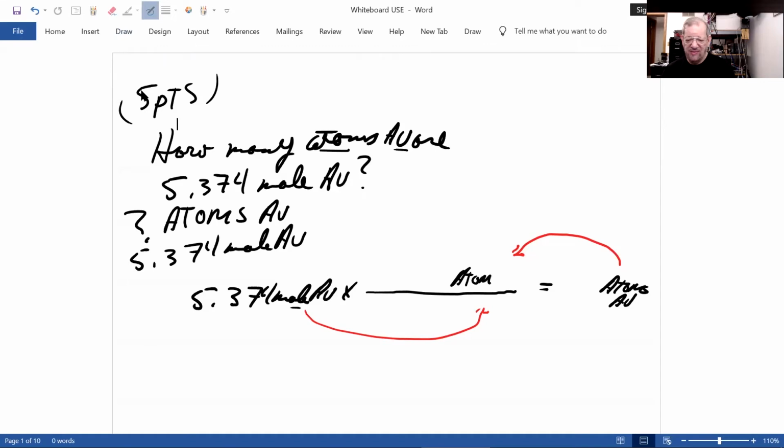Atoms of gold on top and moles of gold underneath. And where do we get that information? And this will be given to you. 1 mole of an element equals Avogadro's number, 6.02 times 10 to the 23rd atoms of that element.